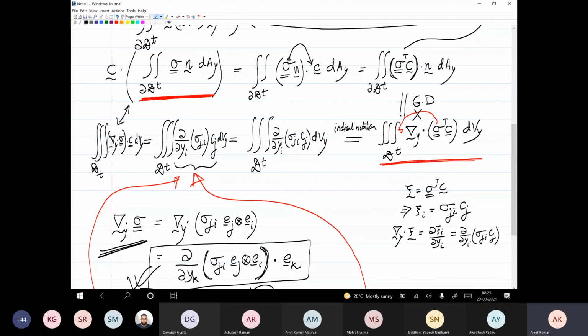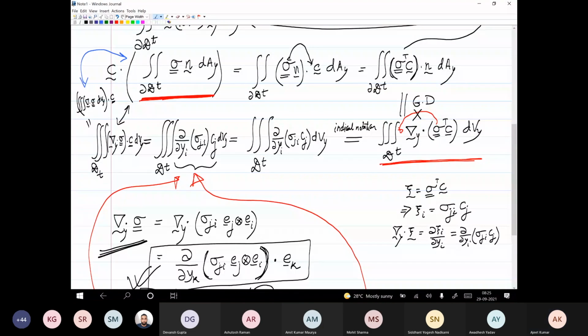So the last step is obviously that you write this as volume integral divergence of sigma dvy, and then the whole thing is dotted with C. Okay, so you can now compare these two, what you started with and what you have gotten finally.